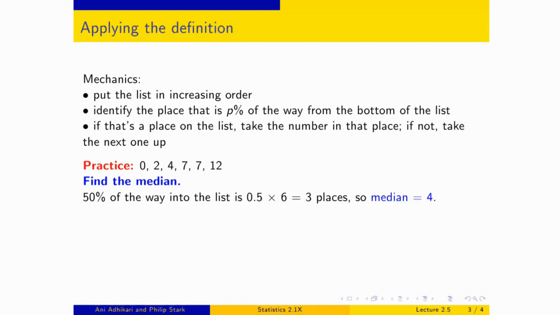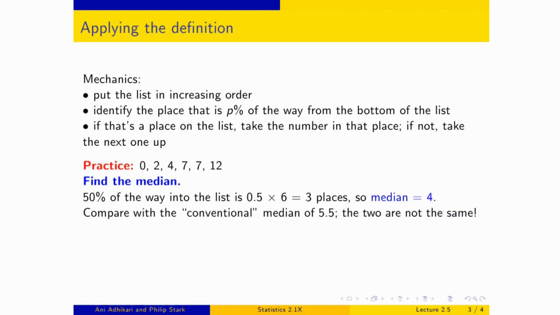Should we try another one? Why not? Before we do that, comparing this to the 5.5 that we had in our last calculation, that is halfway in between 4 and 7, it's different. It's formal.